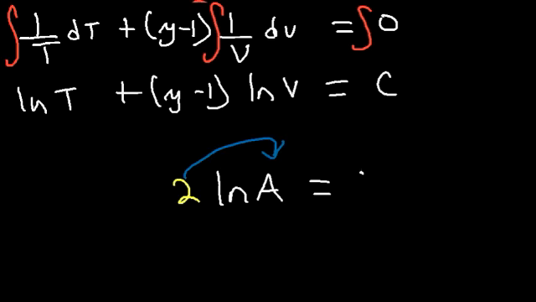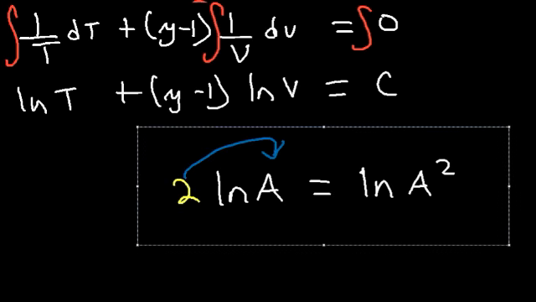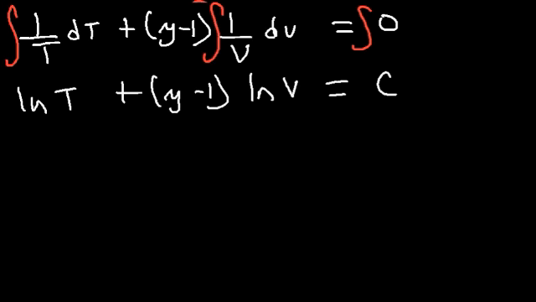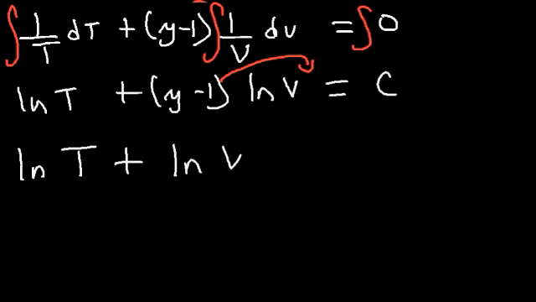So 2 ln a is equivalent to ln a squared. So using that property of natural logs, we can take the value gamma minus 1 and move it onto the exponent of V. So ln T plus ln V raised to the gamma minus 1 is equal to a constant.